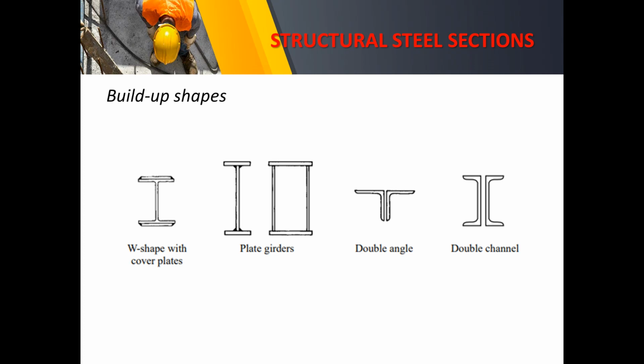Okay, so in here we have the built-up shapes. Built-up shapes are normally the combination of the existing shapes wherein we need to build them up for a larger inertia requirement, because on larger structures the mentioned single sections are no longer sufficient to resist.